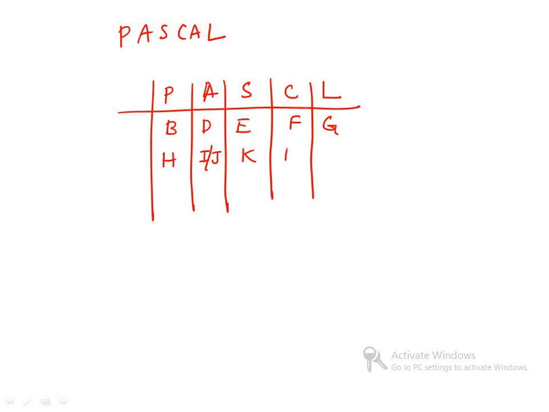I, J, K, L, M, N, O, P is already used. So Q, R, S is used. So T, Q, R, S, T, U, V, W, X, Y, Z.